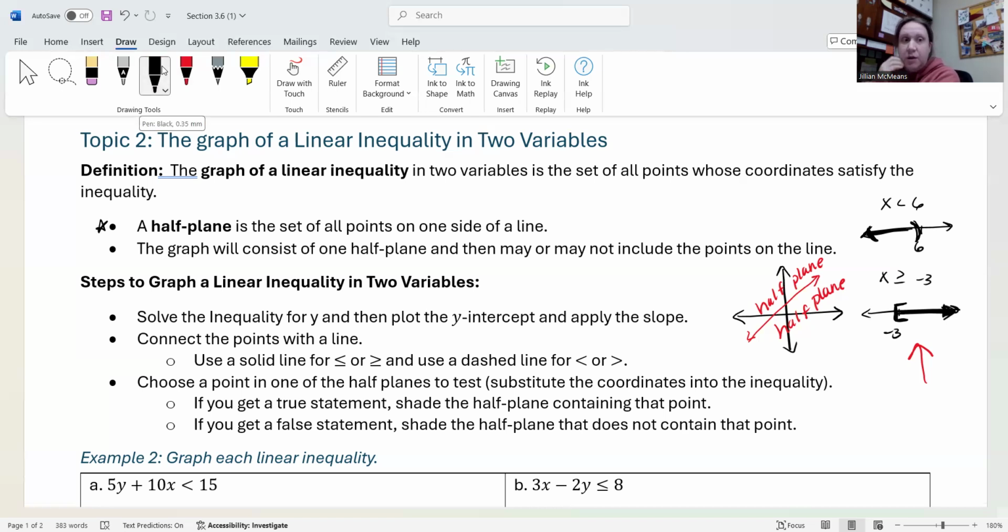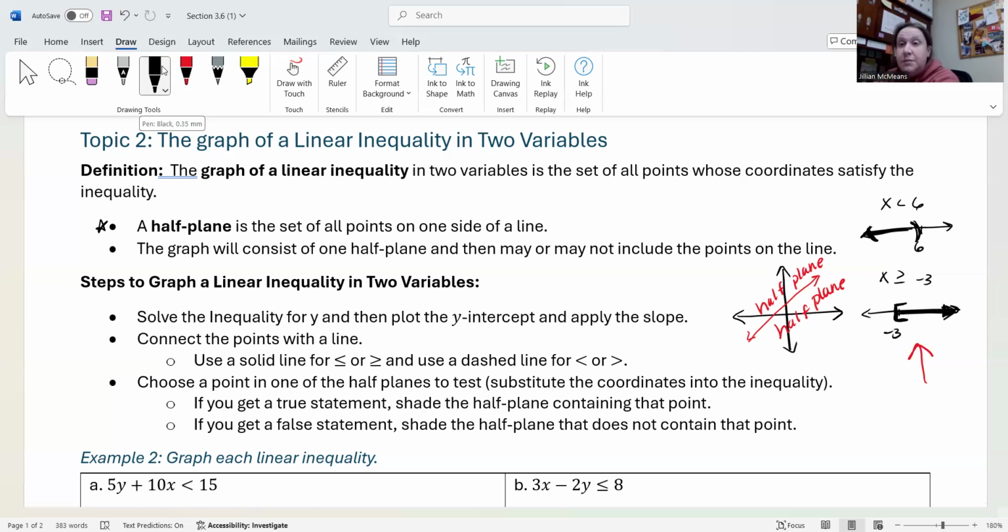Next, the graph will consist of one half plane and may or may not include the points on the line. Remember, the line is like our boundary or end point. That's how we transfer the world of linear inequalities in one variable to the world of linear equations in two variables. We have to make those two things come together and marry.